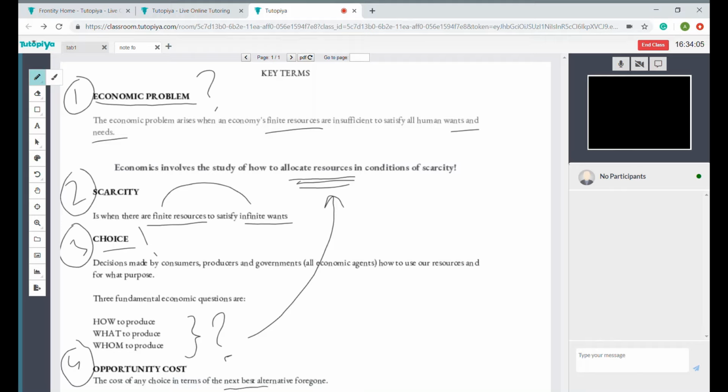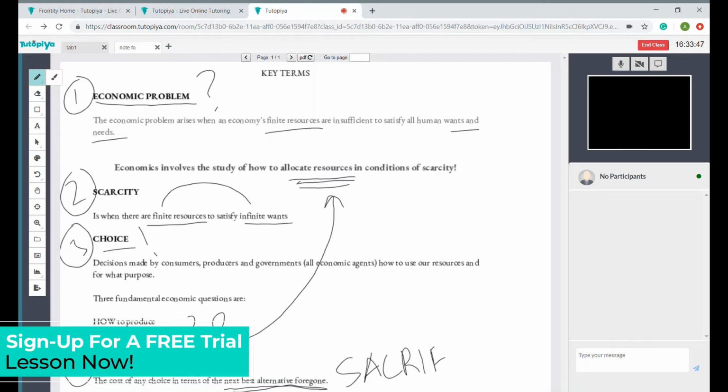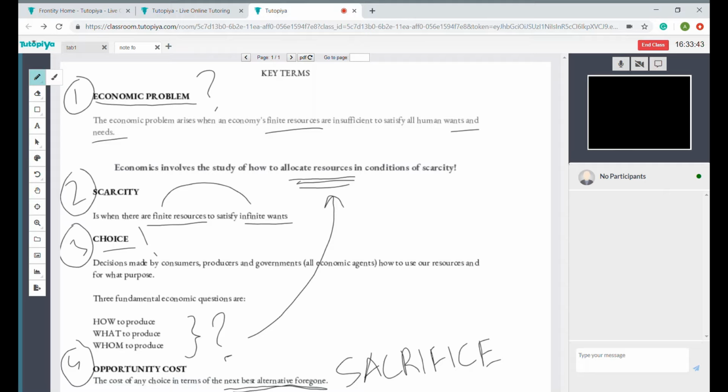This is the cost of any choice in terms of the next best alternative foregone. In very simple terms, it is what we sacrifice when we choose to do something. Now let me give you an example. Let's say that you have $10 and you can spend this $10 on apples or oranges. Apples and oranges are your two options.